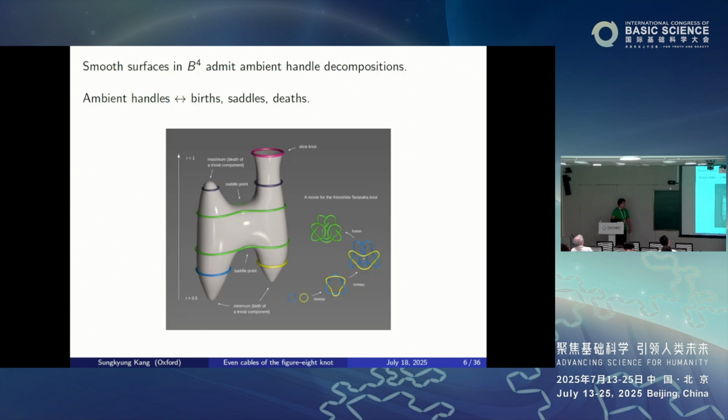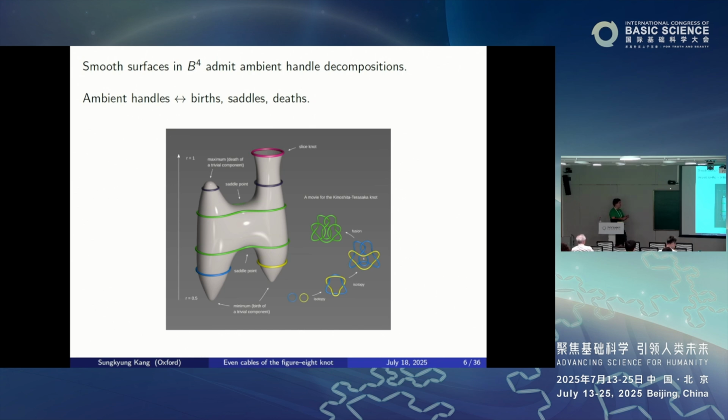And how we do this is by doing Morse theory. Our surfaces are smooth, and they're smoothly embedded, and therefore there is an ambient Morse theory. Any smoothly embedded surface consists of 3 elementary pieces. So here you have a birth, an unknot component is suddenly created, and then here you have a death.